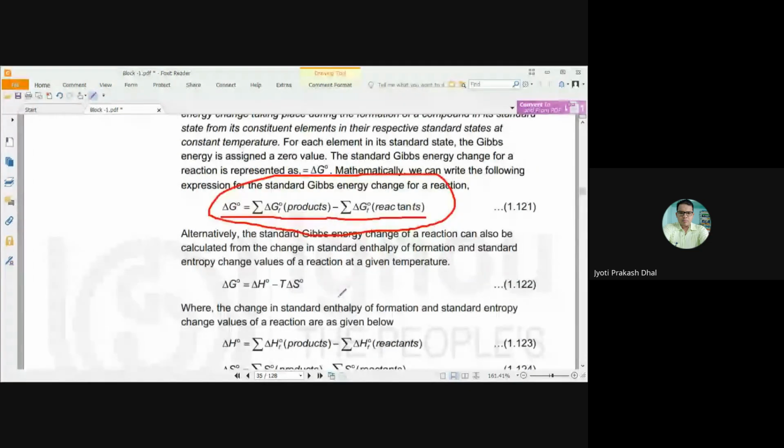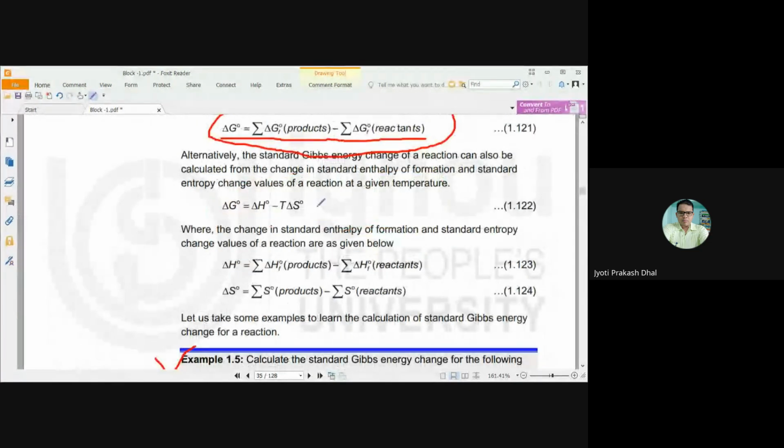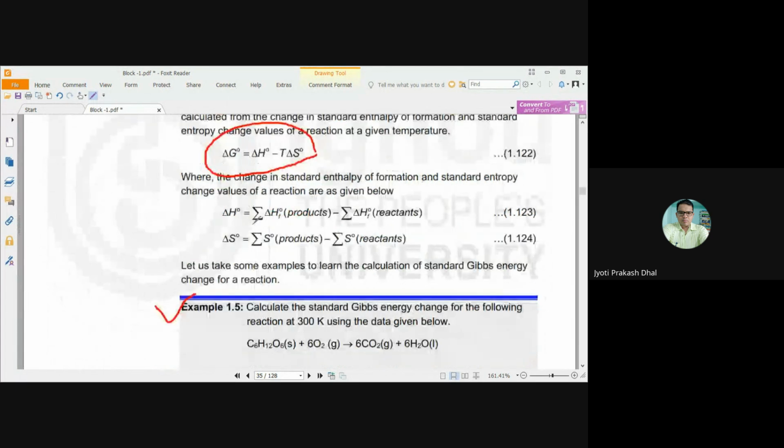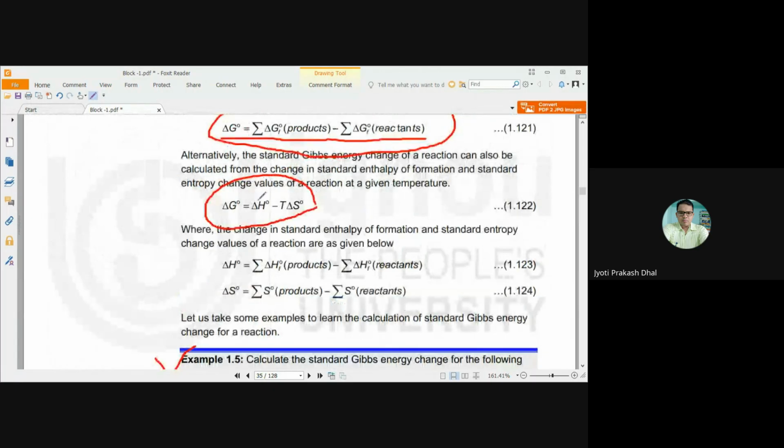And alternatively, you can also solve by using another equation, that is del G naught equals del H naught minus T del S naught. The question will arise: how can we calculate del H naught? Del H naught equals the summation of enthalpy of formation of the products minus the summation of enthalpy of formation of the reactants.